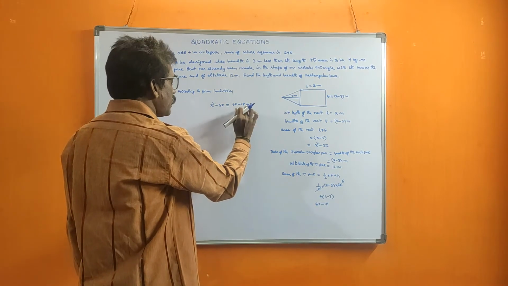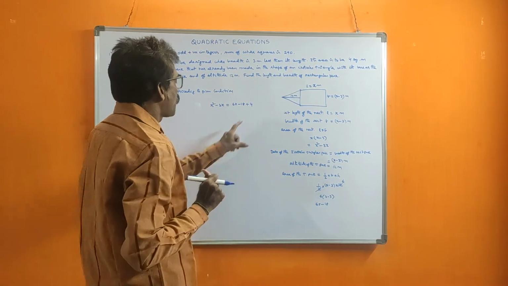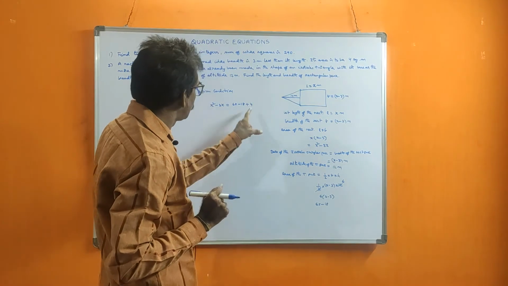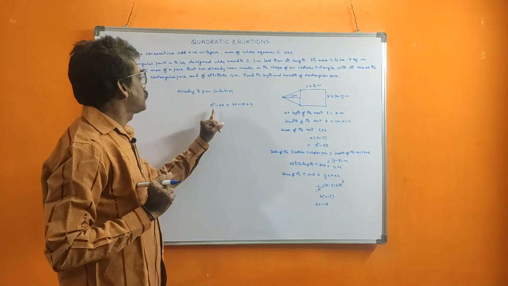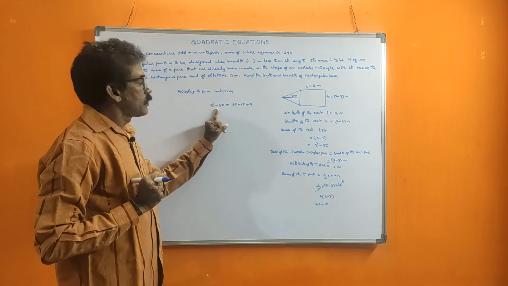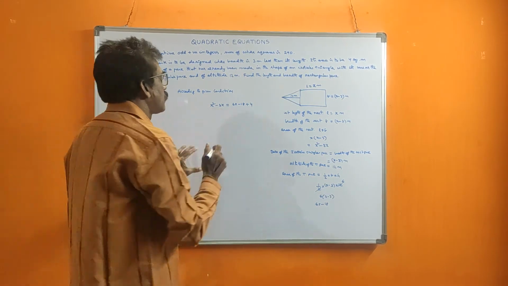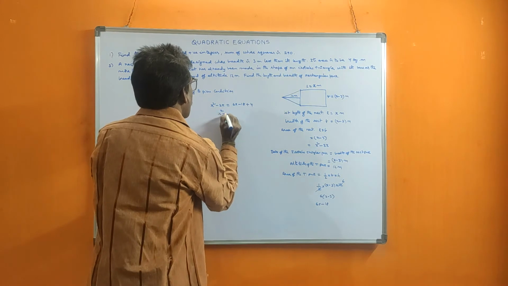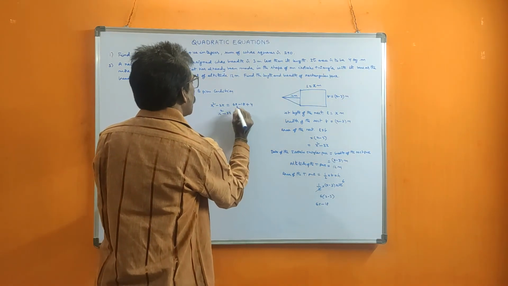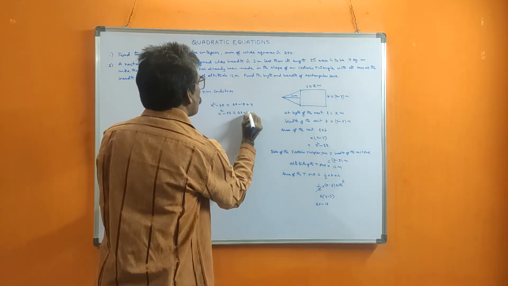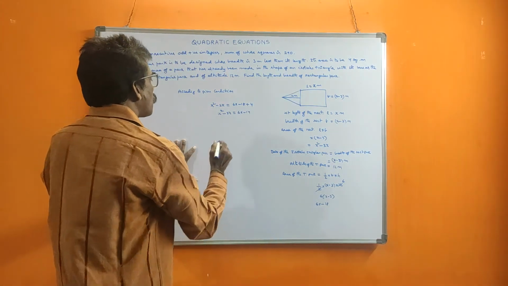Now it becomes this area, because this is only 4 square meters more. Now x square minus 3x is equal to 6x minus 14. 18 minus 4 is 14.